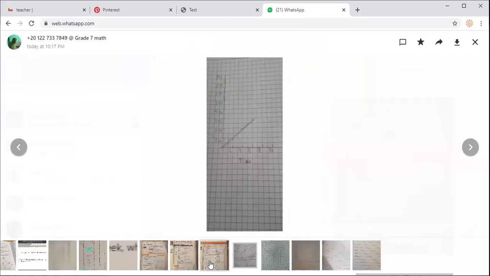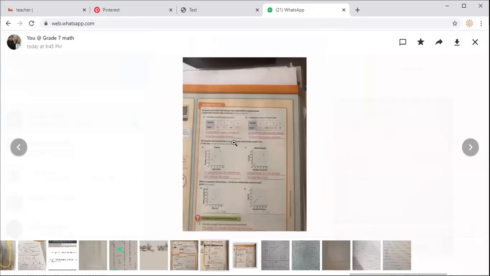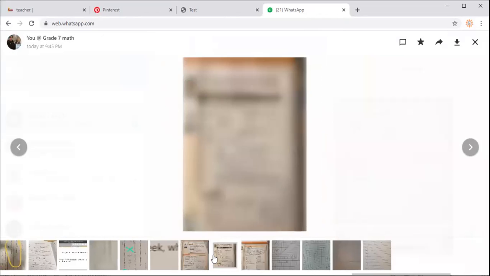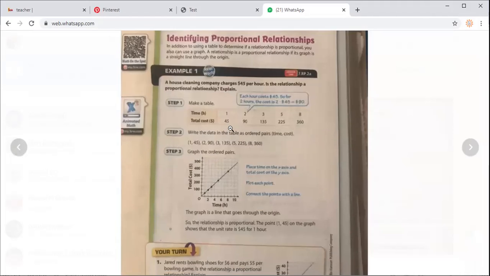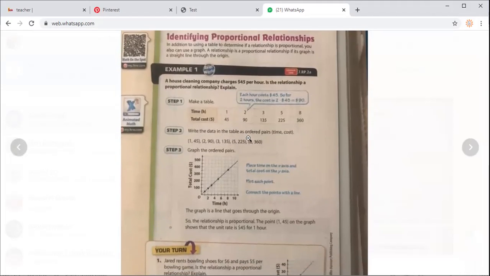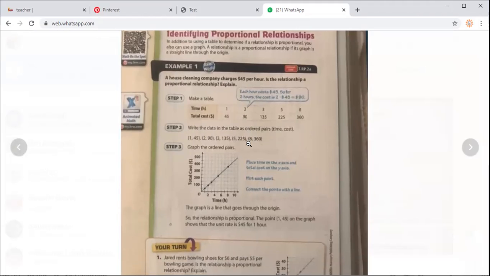Very good. Okay, then we will go back to the part we were talking about, to revise how we will represent it graphically. We already talked about the points from the table: 1 and 45, 2 and 90, 3 and 135, 5 and 225, and then 8, 360.